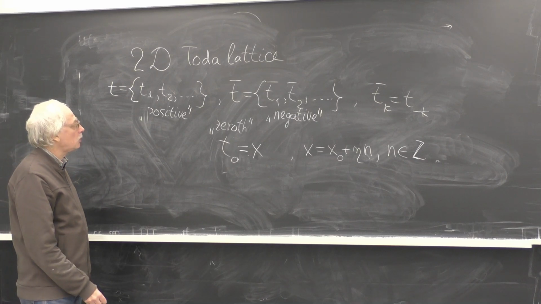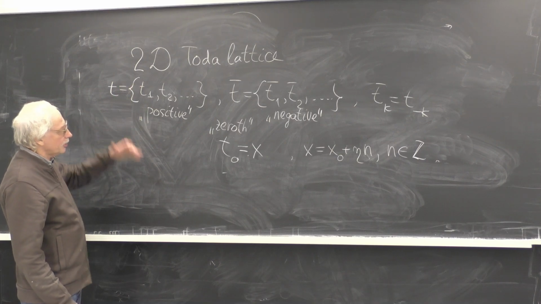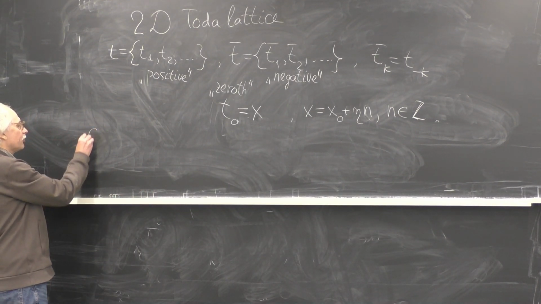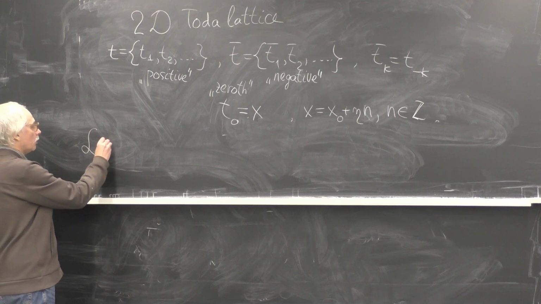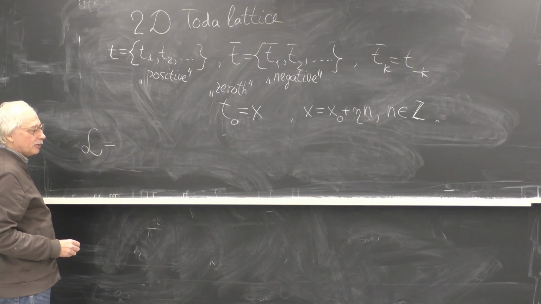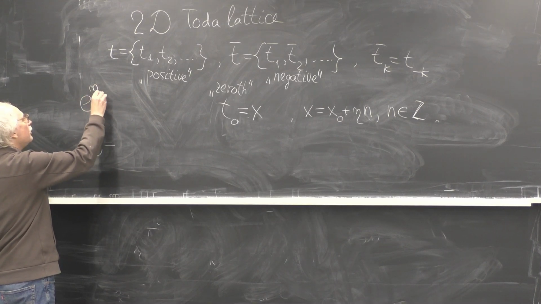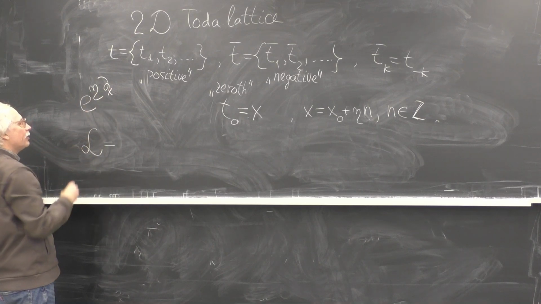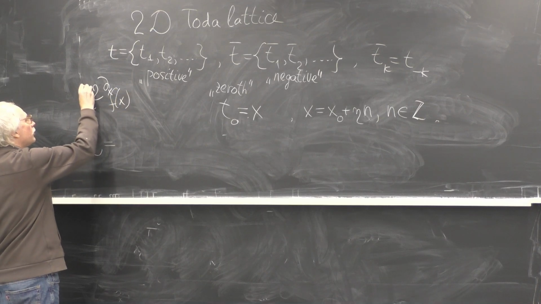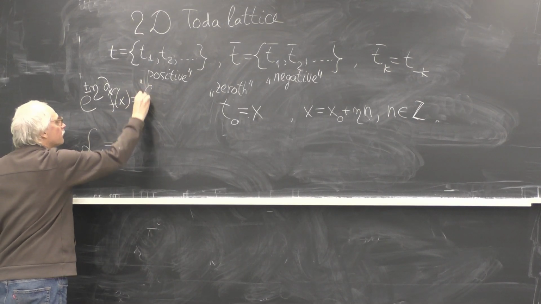So this hierarchy is defined by two Lax operators rather than one. And they are Laurent series in the shift operator, which we will denote as the exponent of derivative. So this operator acts on a function of x by shifts.